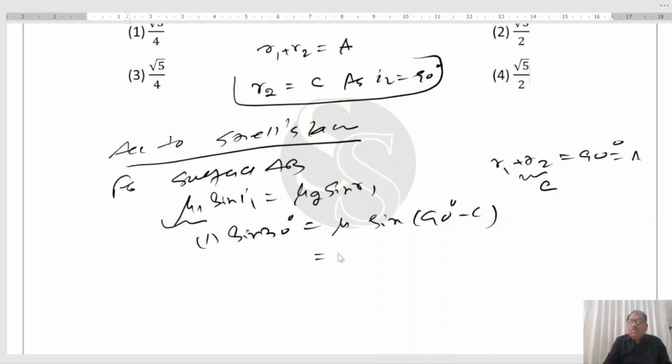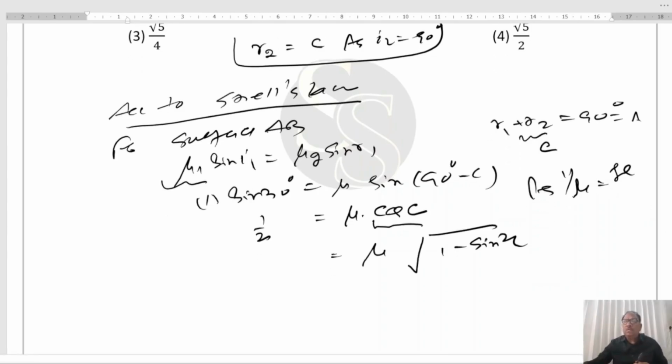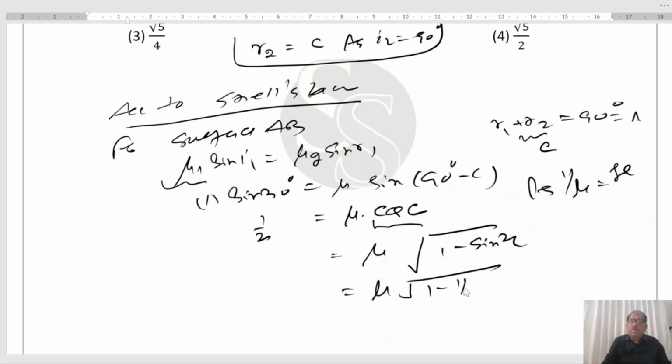So this comes out to be mu cos C, that is 1 by 2. We have to find the value of C. So this can be reduced into mu under root 1 minus sine square C, as 1 by mu equal to sine C. So this can be written as mu under root 1 minus 1 upon mu square, that is, root of mu square minus 1.